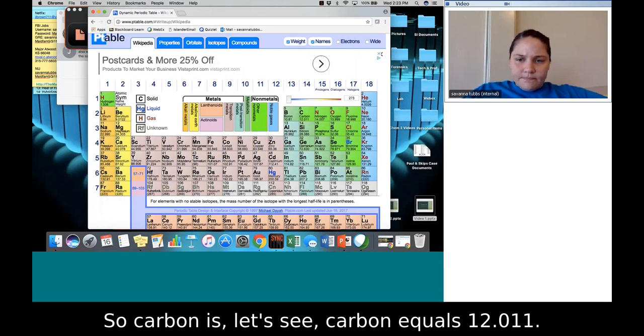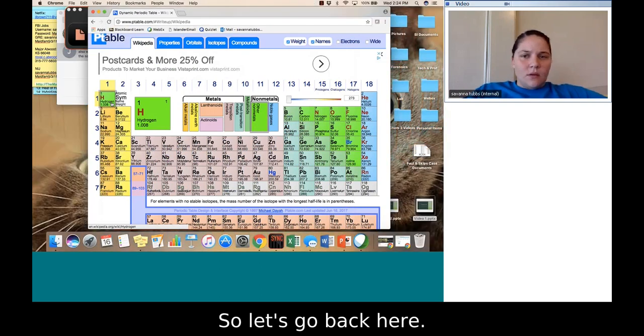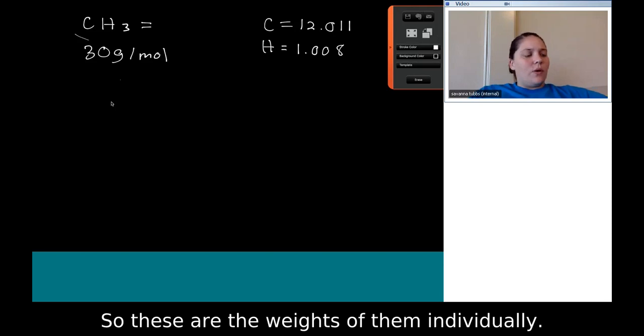So carbon equals 12.011. Hydrogen is 1.008. So let's go back here. So these are the weights of them individually.